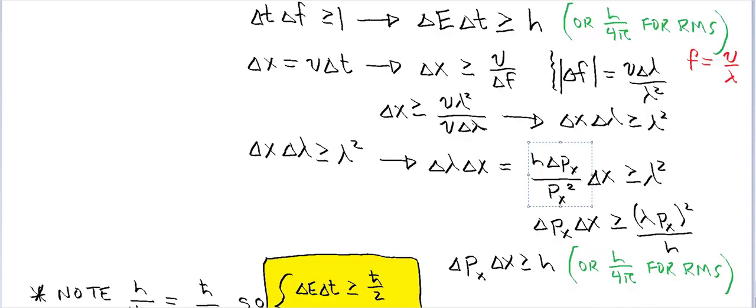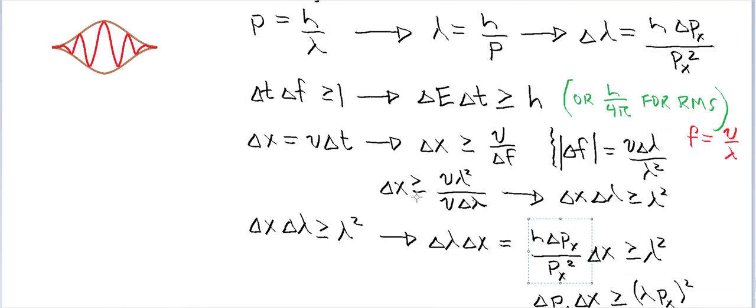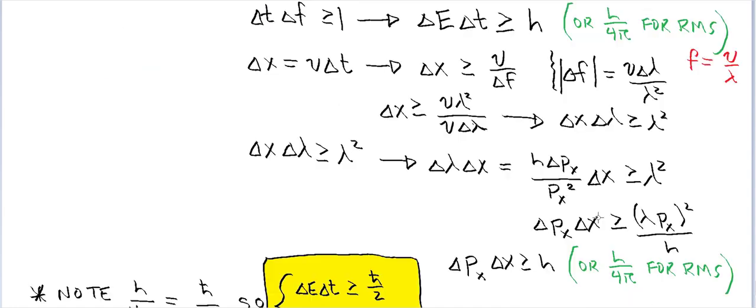Multiplying across, we get delta p times delta x has to be greater than or equal to lambda squared times p squared over h. But if you remember way back here, lambda times p is what we meant by h. And so this is really the same as having an h squared in the numerator, such that delta p delta x has to be greater than or equal to h.